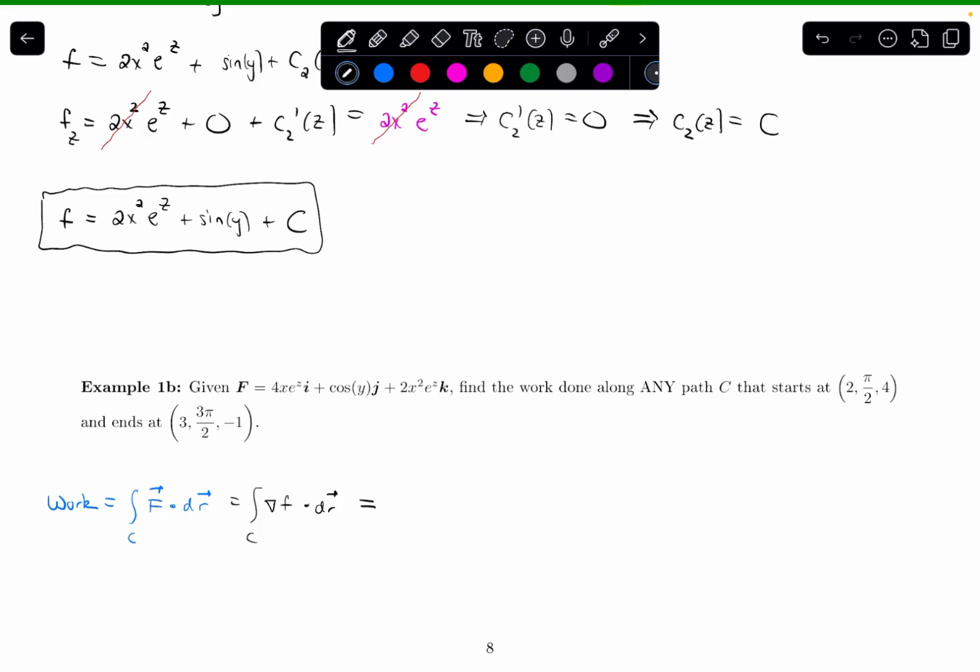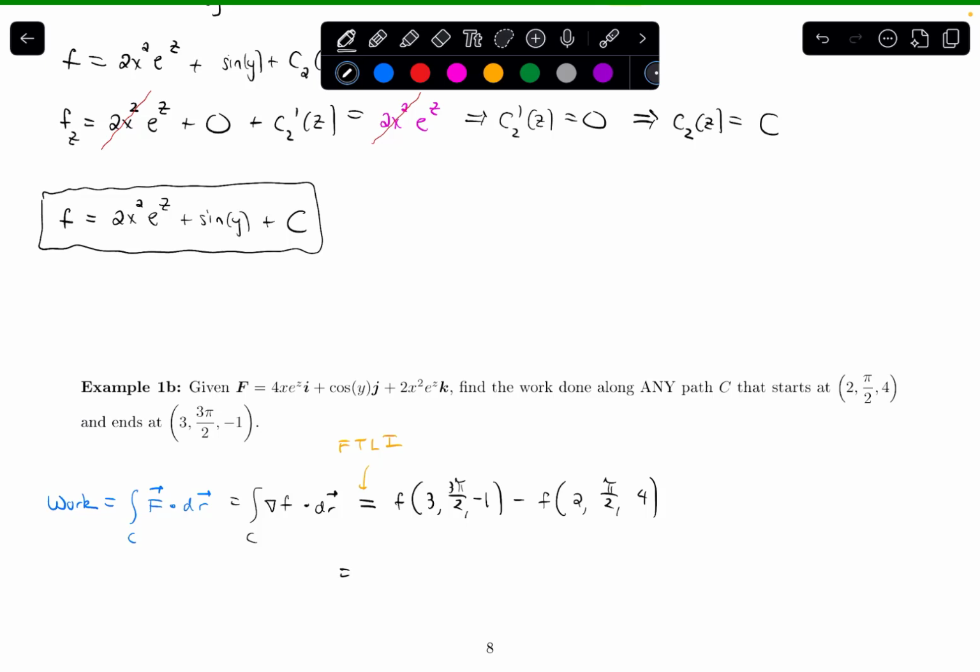So this will be equal to, using the fundamental theorem of line integrals, which says that to get your original function little f, plug in your ending point, which is 3 pi over 2, negative 1, minus little f at the initial point, 2 pi over 2, 4. So we're going to be plugging those into our function little f and subtracting.